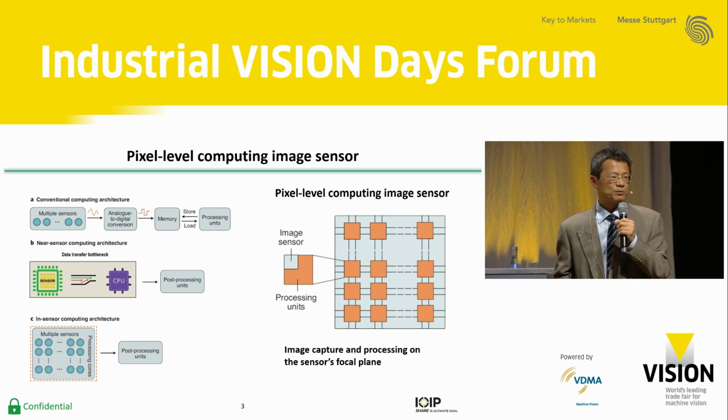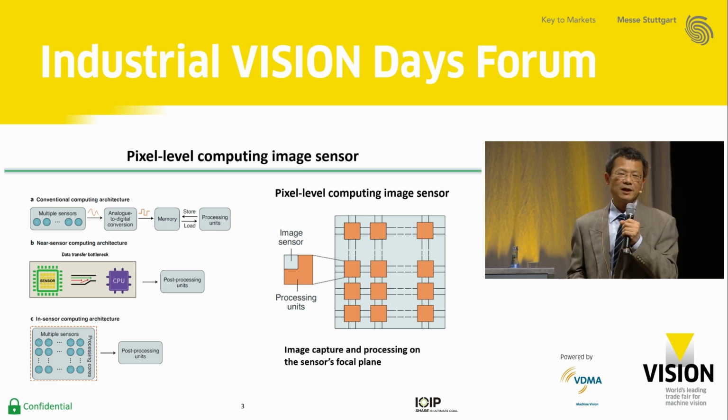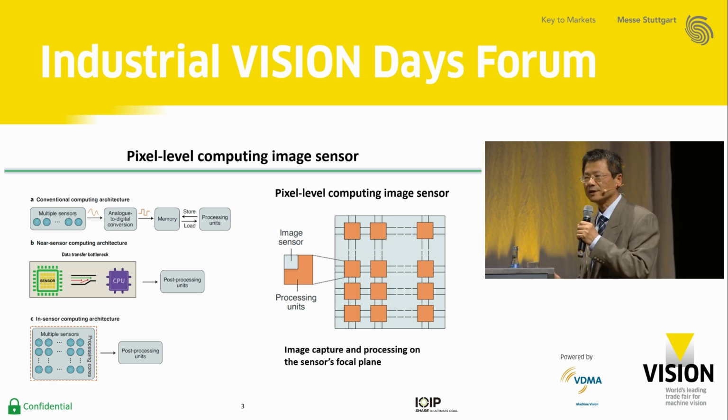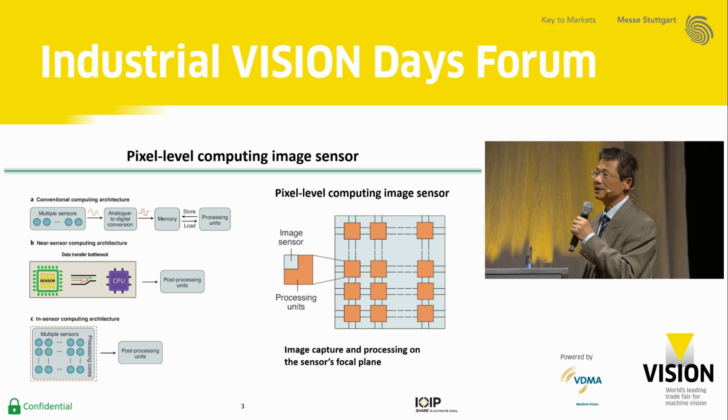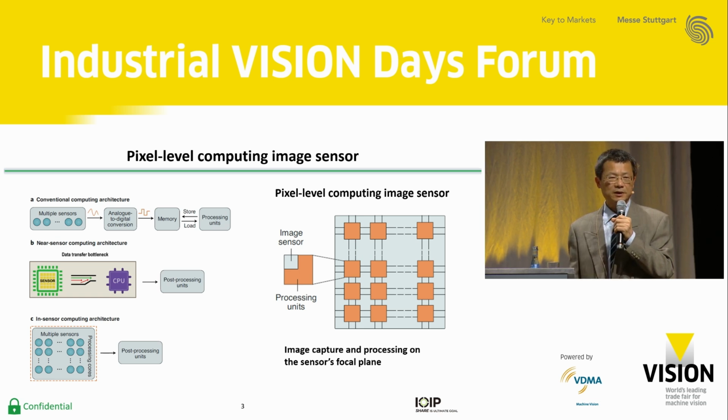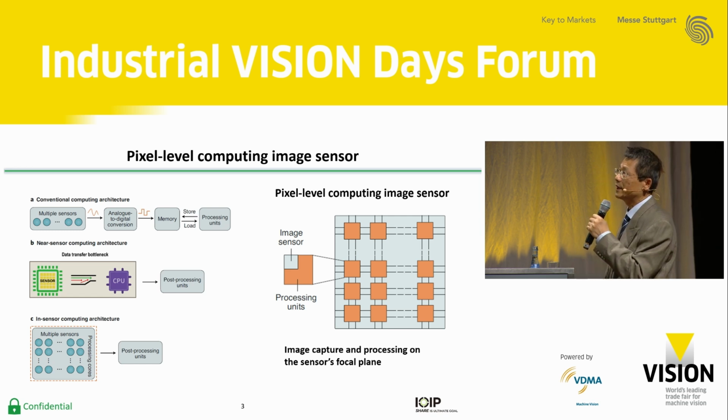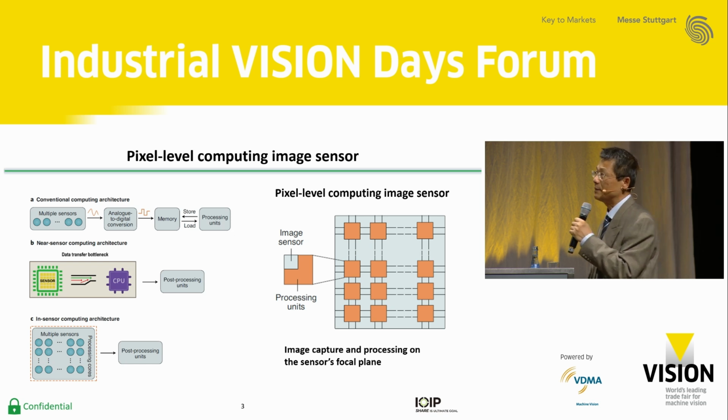Then the processor needs to get the data from the memory, process and restore, back and forth many times, so we can see a lot of data transmitted between the sensor, the processor and the memory.